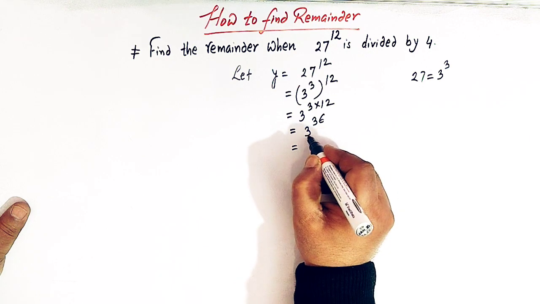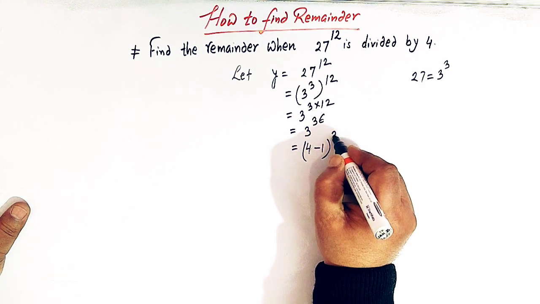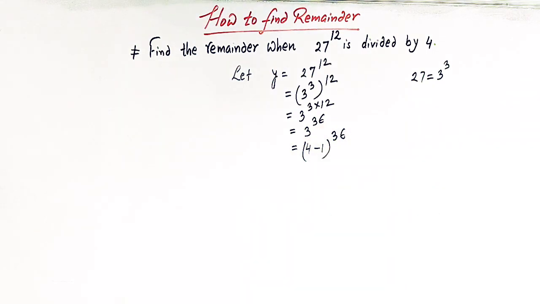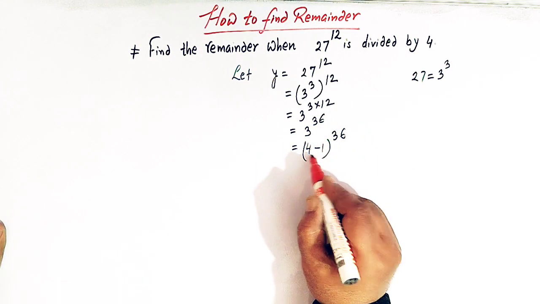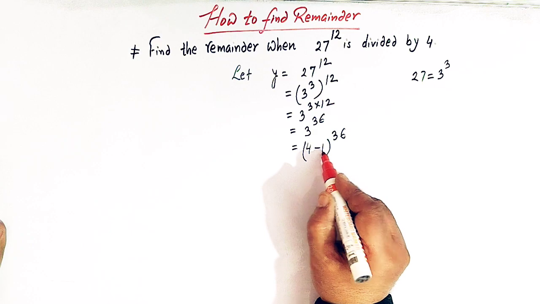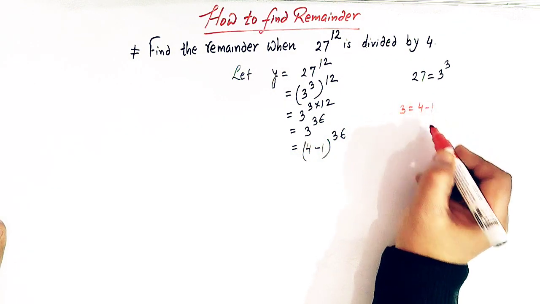Now we can write this 3 as 4 minus 1, and here we have the exponent 36. So 3 raised to 36 is expressed as (4 minus 1) raised to 36, because 3 is 4 minus 1.